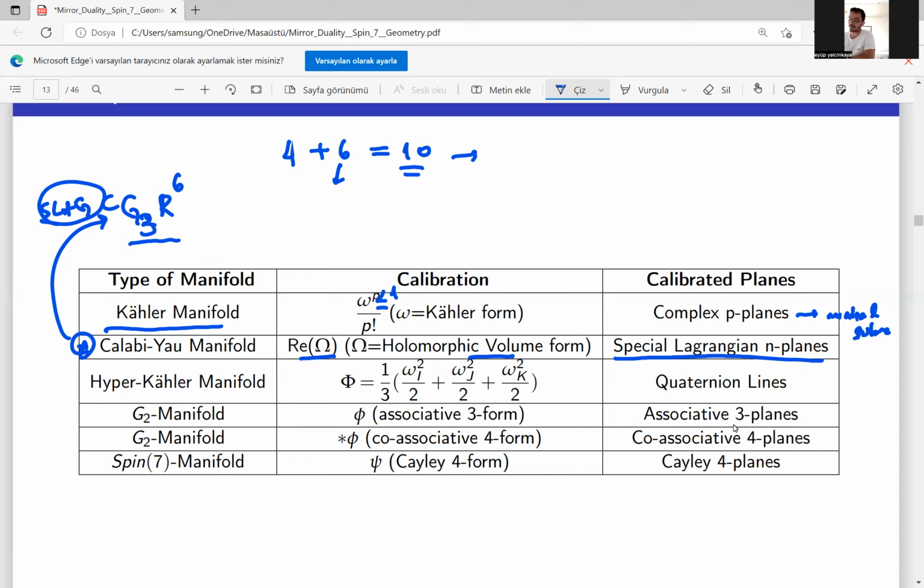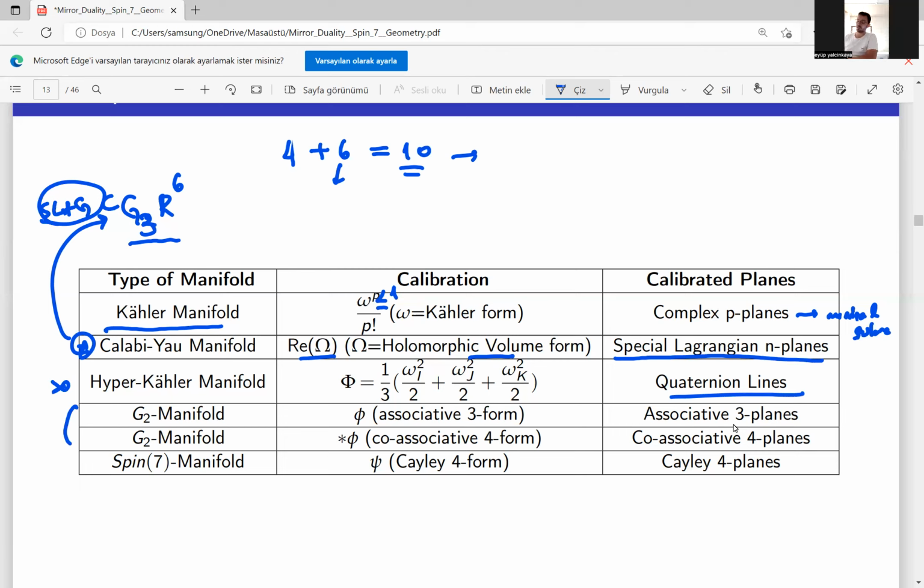Again, I said that for the hyperkähler manifold, in 3 different directions we have Kähler manifolds, and that's why it's named hyperkähler. For these, if you calculate the submanifold or restricted form phi, you will find the quaternion lines.